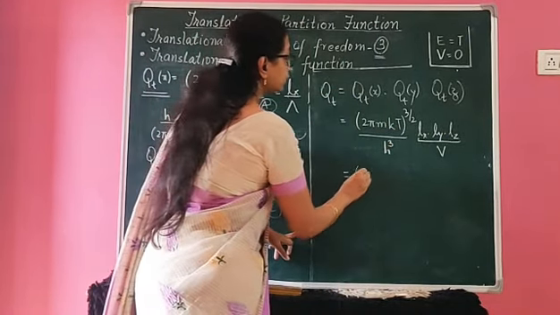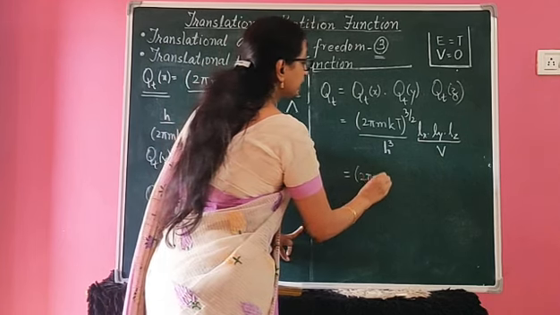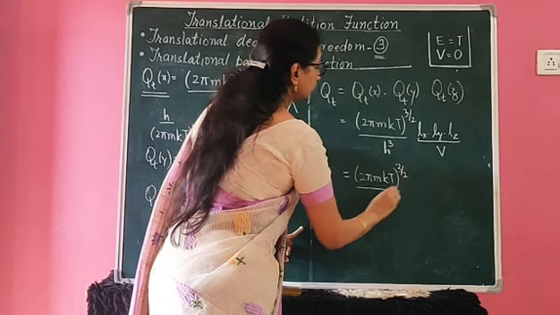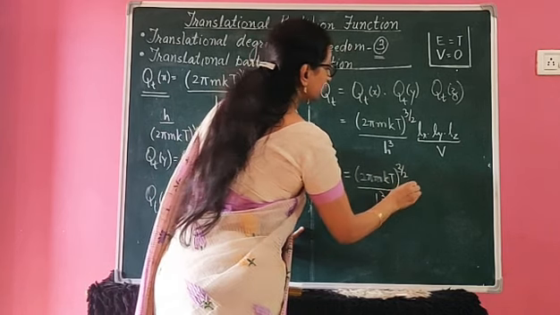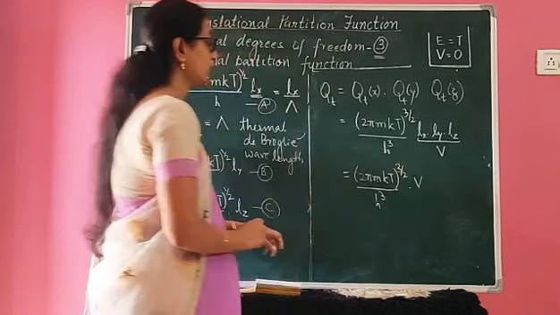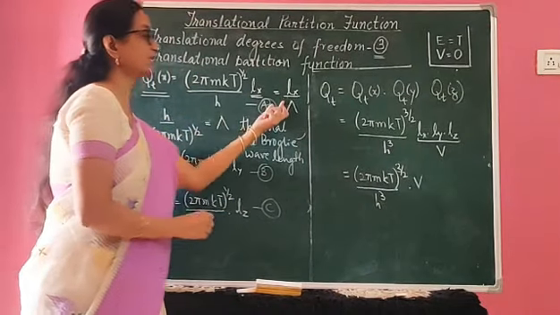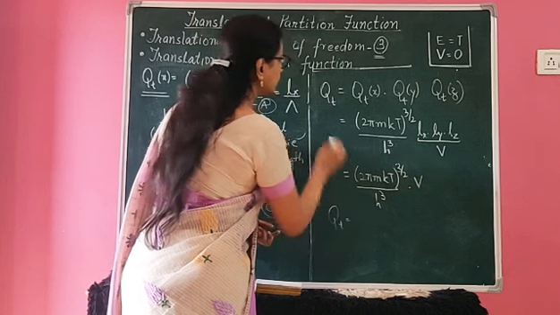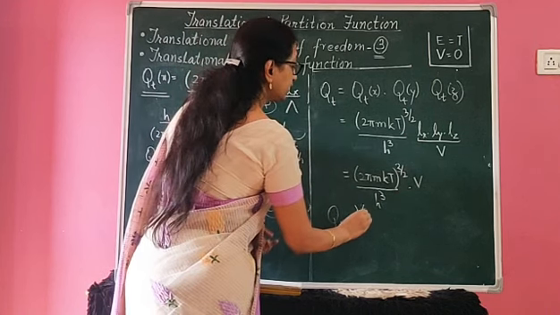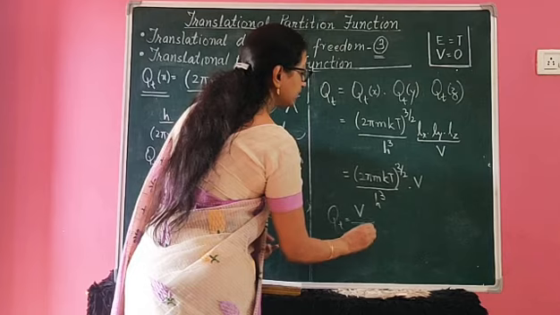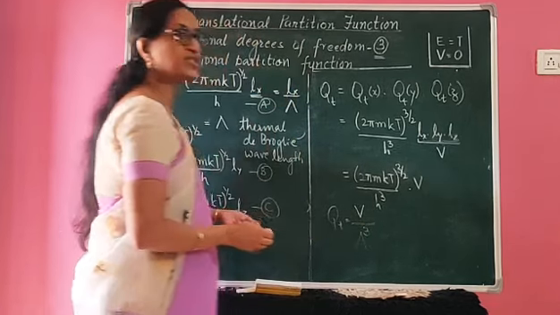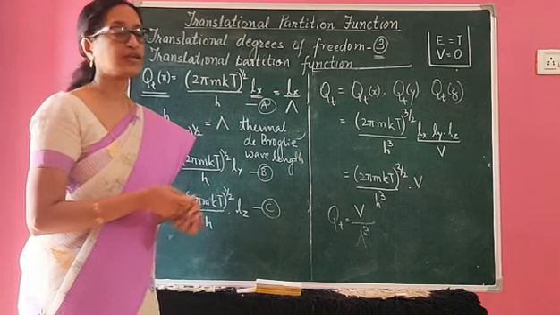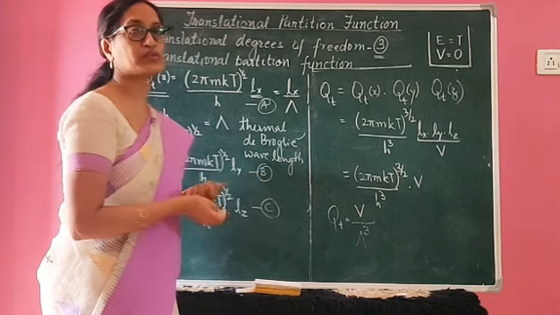So we have 2 pi mkT to the power 3 by 2 upon h cube into V, or in terms of lambda we can write it as Qt is equal to V divided by lambda cube. So this is all about translational partition function. Next we will see some numericals related to this.